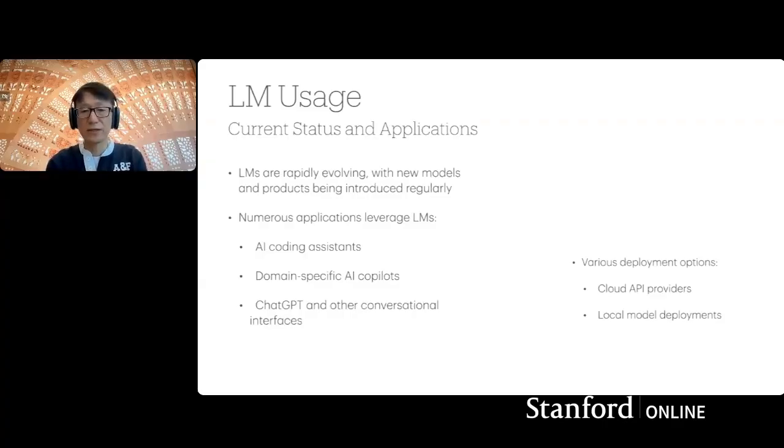Essentially, it has a lot of world knowledge that it can easily use to generate outputs. These models are rapidly developing, and they are used in various application domains that we use in day-to-day work, such as AI coding assistants or domain-specific AI copilots, or the most widely known, ChatGPT and related conversational interfaces.